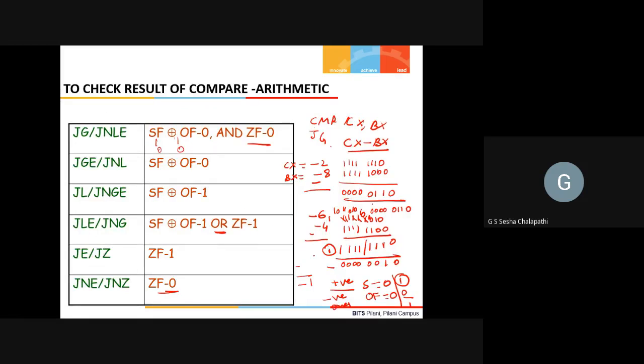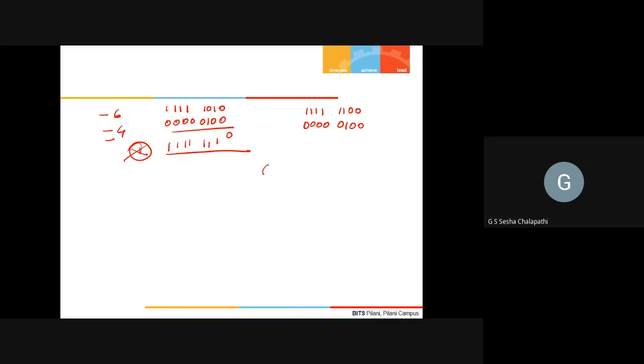That is, the carry flag is 1 in this case. CF is 1. In this case, CF is not 1. So there comes the difference.